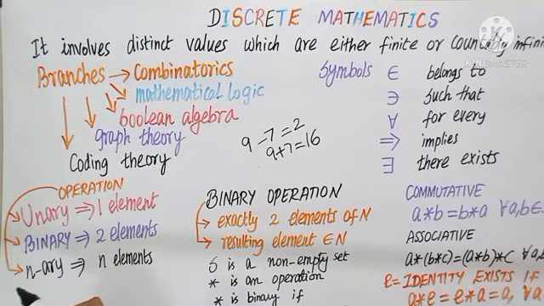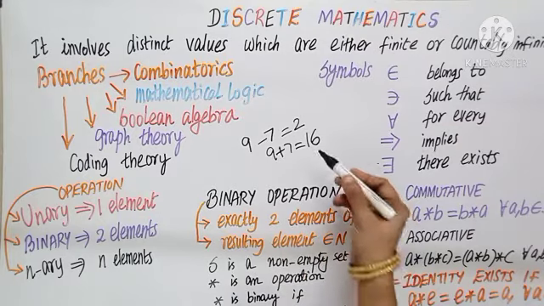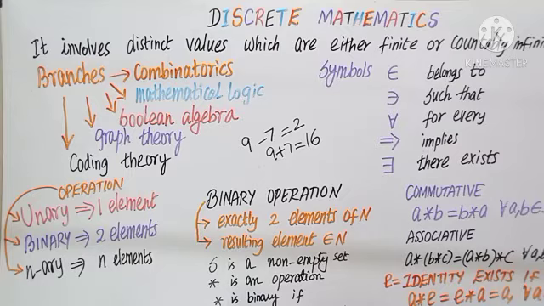The word bi means two. So a binary operation involves two elements and mostly the answer is unique. I want to extend to 3 elements, 4 elements, 5 elements and so on. When there are n elements, we say n-ary operation. So this is in general, and this year we are going to concentrate on binary operation.